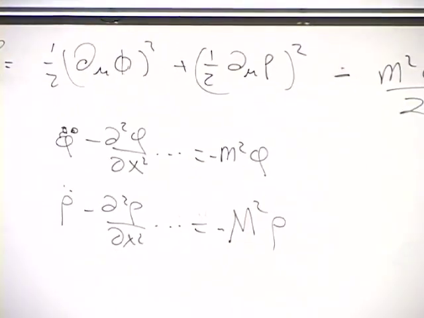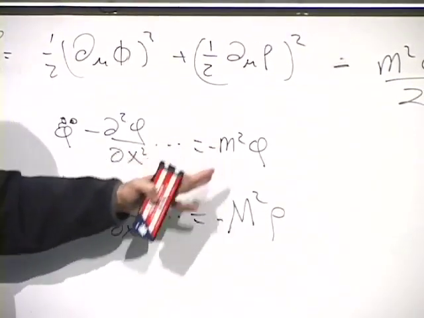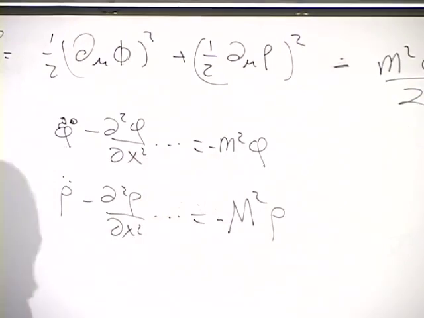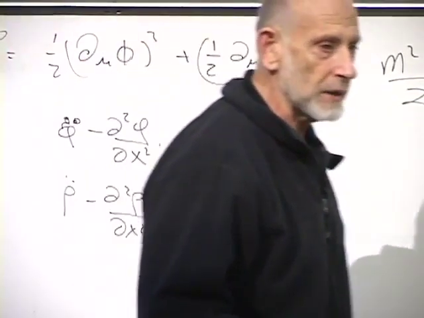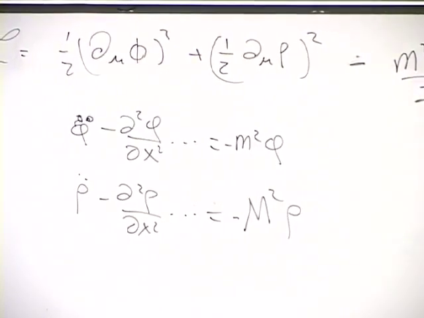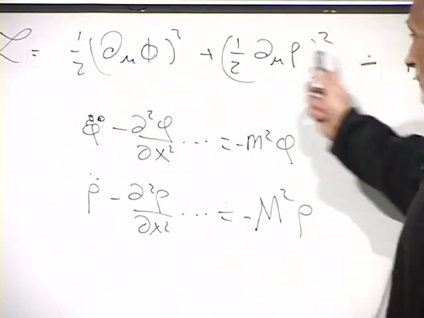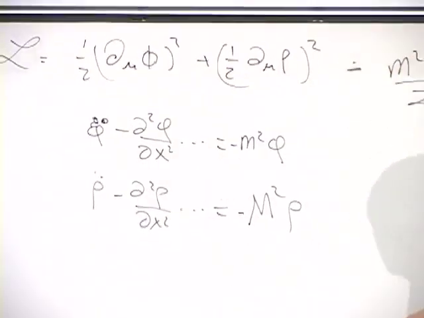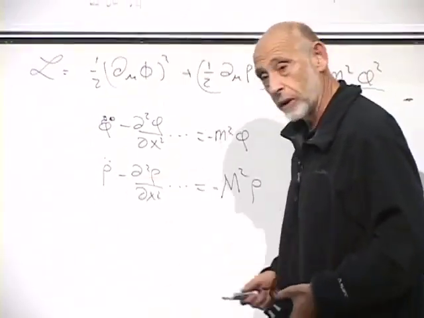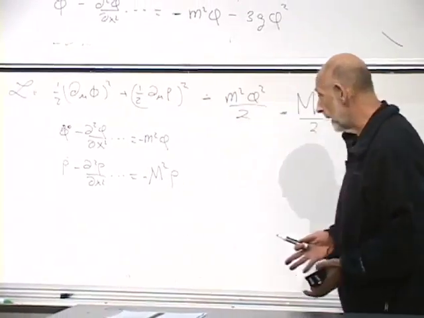In other words, we would just get two separate independent wave equations with two different parameters, little m squared and big M squared, and the two parameters would correspond to the masses of the quanta of the two distinct fields. This would be a system of two kinds of particles, phi quanta and rho quanta, with two different masses, little m and big M.